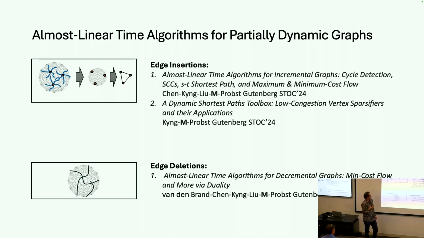In this talk, I'll talk about a few results that relate to such partially dynamic graphs. These can be split up into two main results: on graphs that undergo edge insertions, which is the work that Phil talked about that we developed last fall when we were at Simons, and then a newer work about edge deletions. Together, these yield algorithms for partially dynamic graphs.